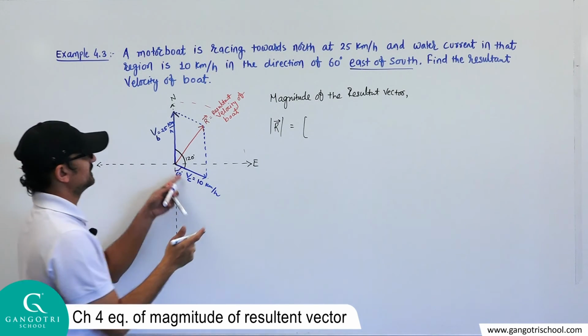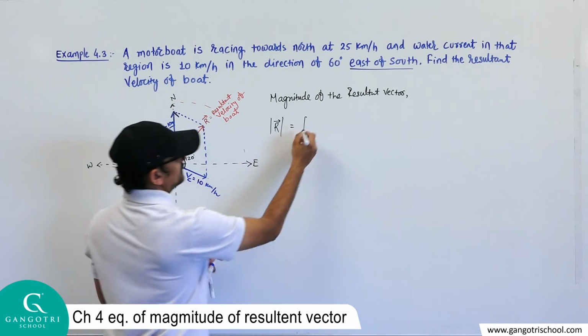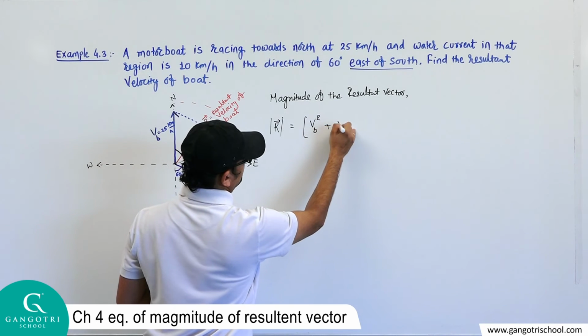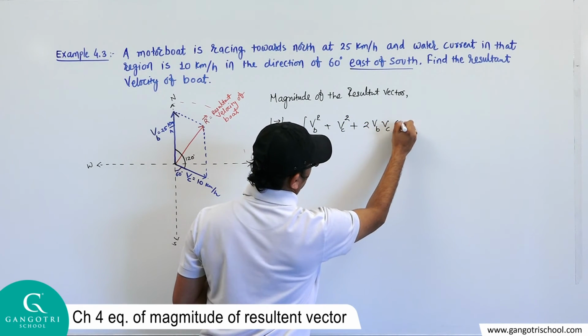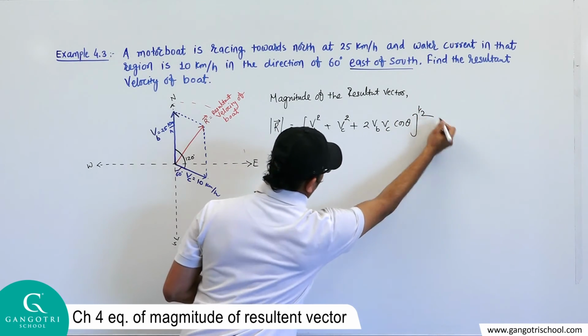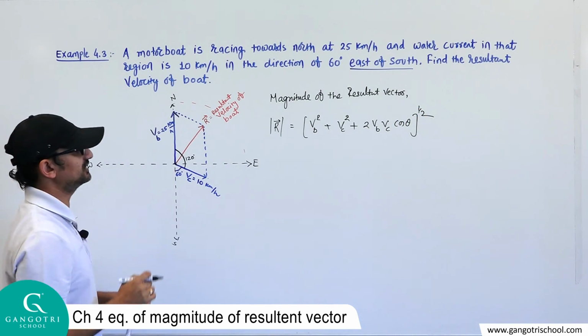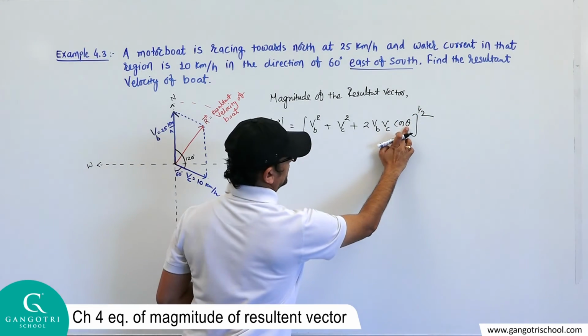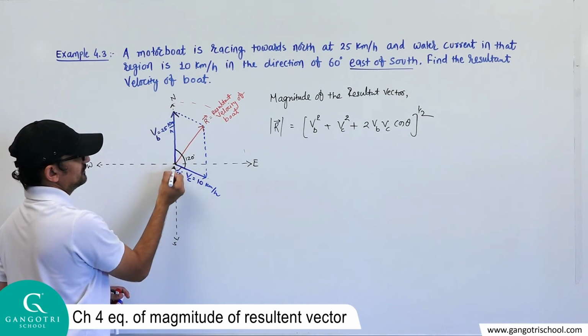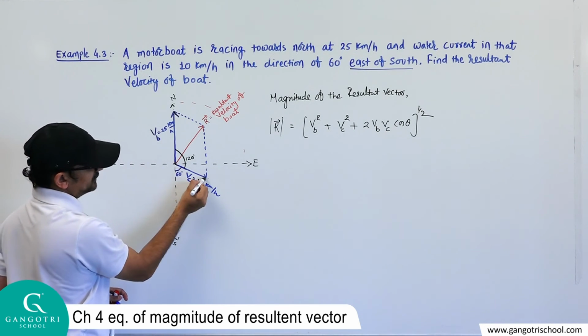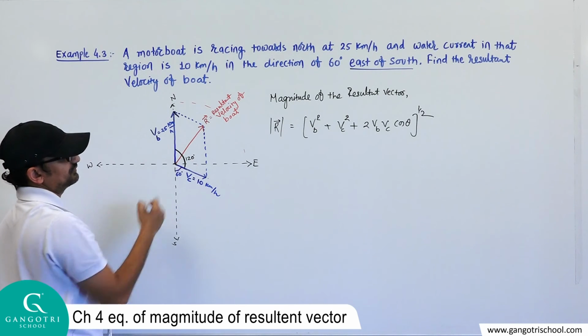As per this concept, we have two vectors VB and VC. So (VB square plus VC square plus 2 VB VC cos theta) raised to 1 half gives the magnitude of this resultant vector, where theta is the angle between VB, the velocity of the boat, and VC, the velocity of the water current. The angle between them is 120 degrees.